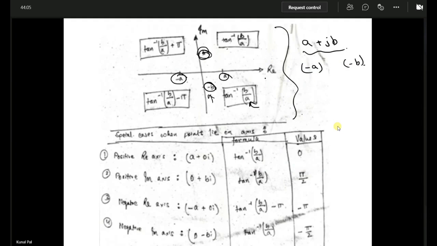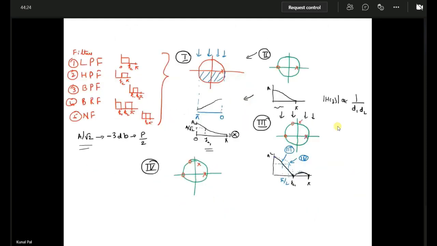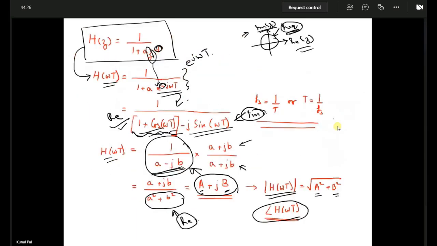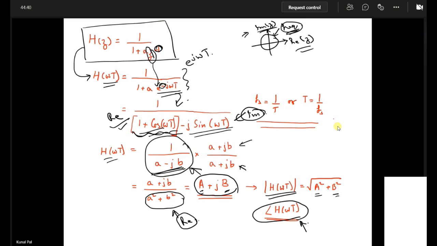And for the other cases, if the point is on either of the axes, then these are the 4 conditions. In that way, you can find out the phase response of the filter. We can look into this numerical when we do the actual numericals while designing the filters in the FIR and the IIR domains.